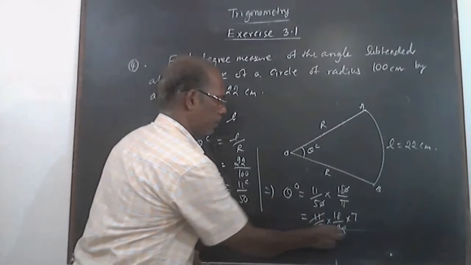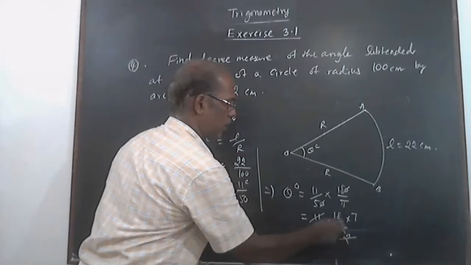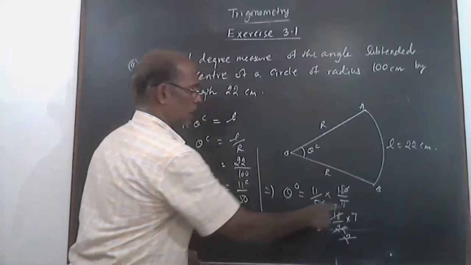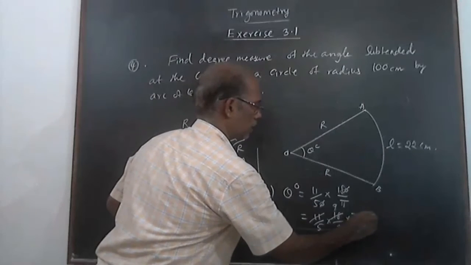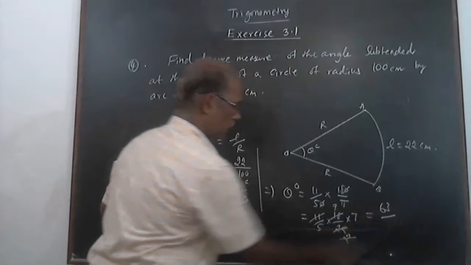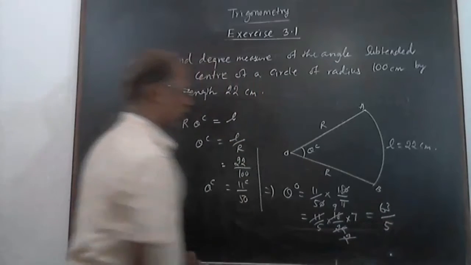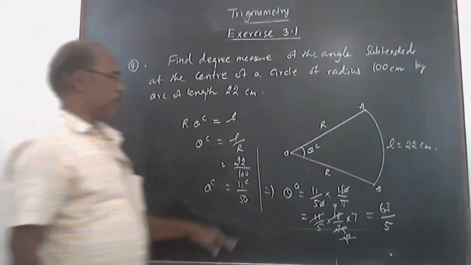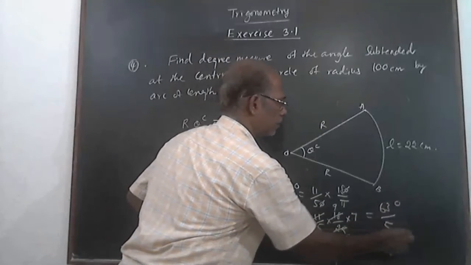Cancelling, this 1 time, this 2 times, this 1 time, this 9 times. 9 into 7 is 63, by 5. So 63 by 5 degree.